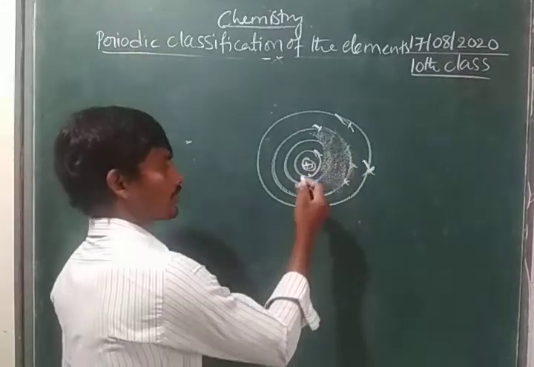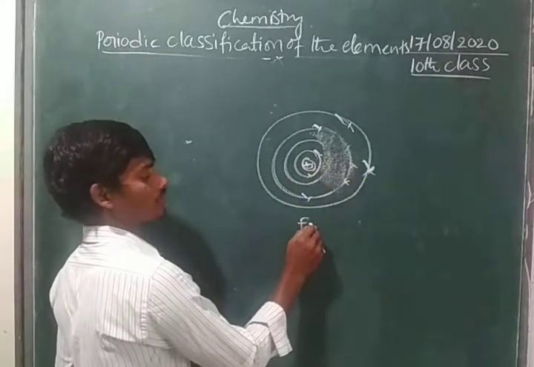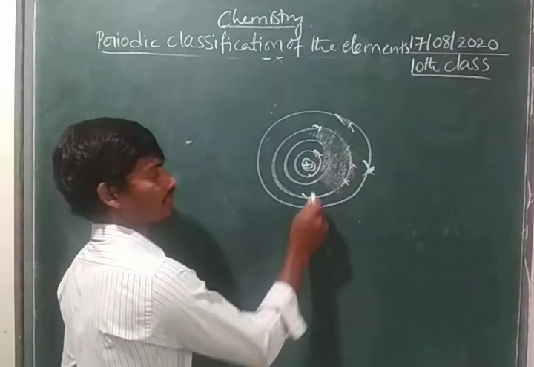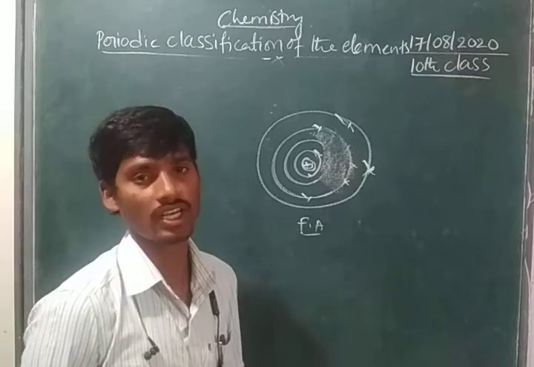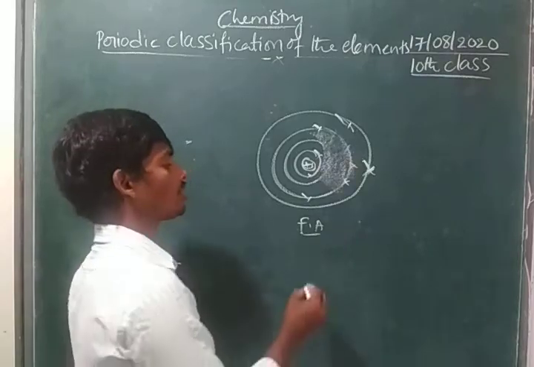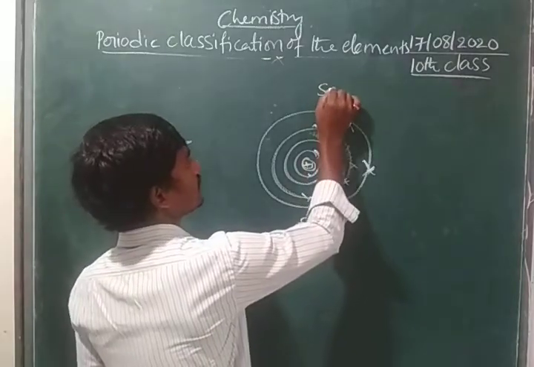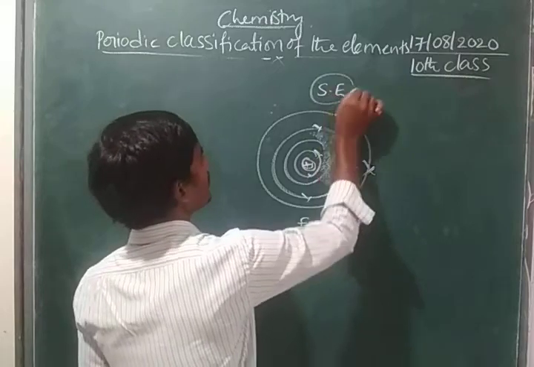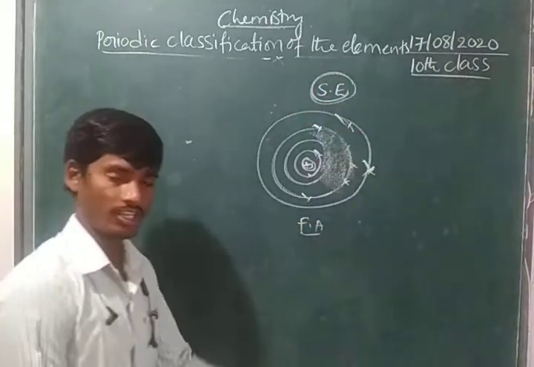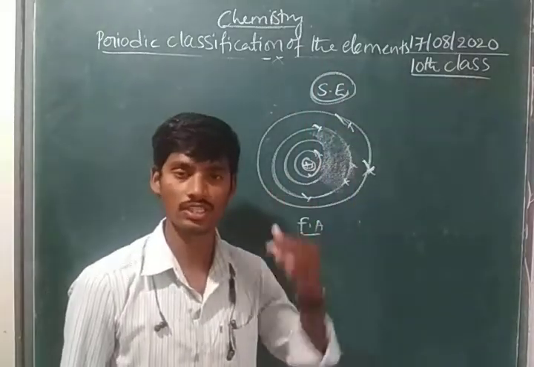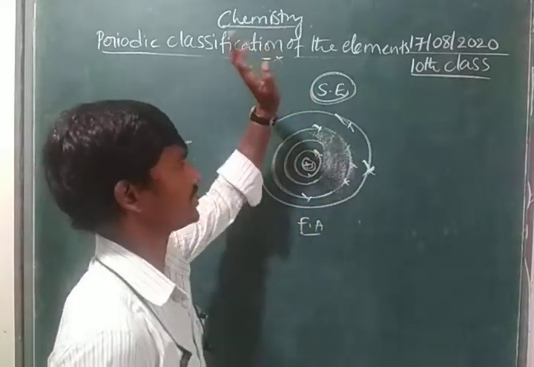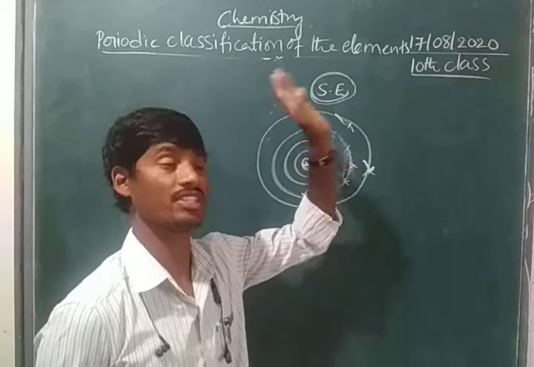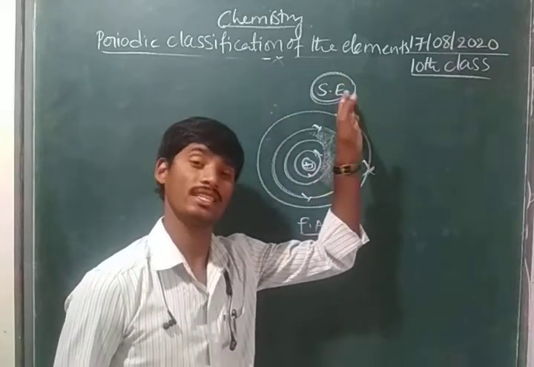See here, reducing the force of attraction between nucleus and valency electron is called the shielding effect or screening effect. Right children, already we discussed this in the last class. So this is one of the factors to discuss periodic properties, the screening effect or shielding effect.